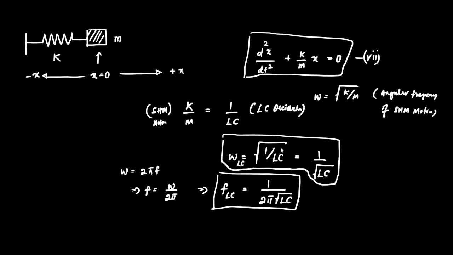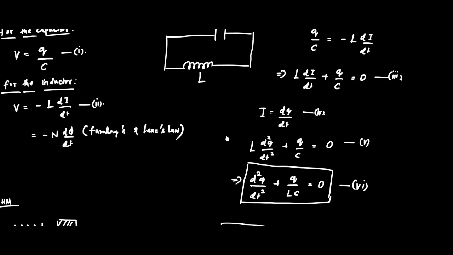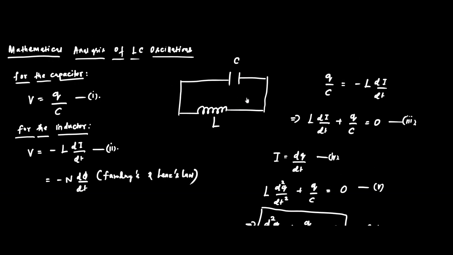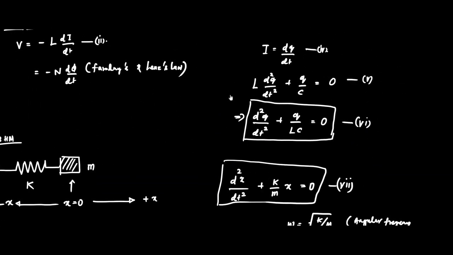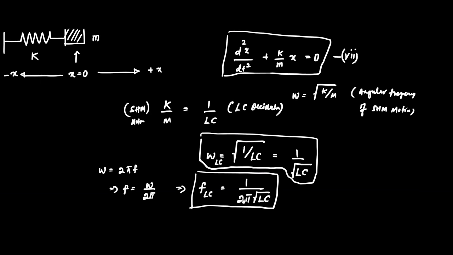So this is an interesting analogy between a mechanical system, the spring mass arrangement used in simple harmonic motion, and an electrical system, that is an inductor capacitor connected circuit. This is how we got the expression for the frequency of LC oscillations, 1 by 2 pi root over of LC.